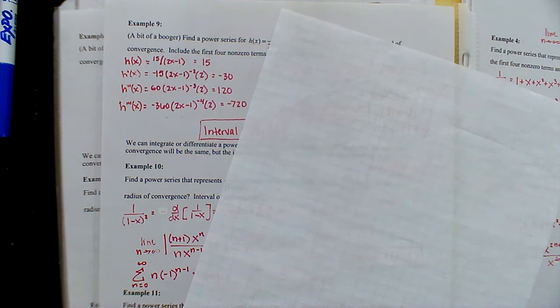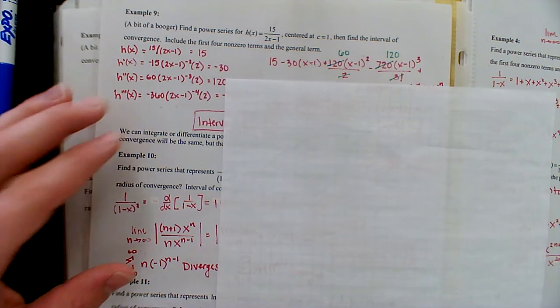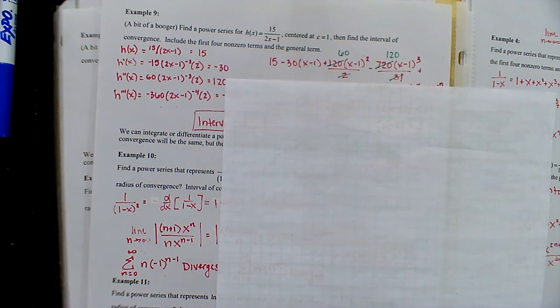Where's everybody else at on the problem right now? Just trying to find the general term. So you've listed out your terms, you're working on the general term though, same area? Okay. So is this what you had gotten for your terms at least when you started listing them out? Remembering your center's at 1, so you have to have x minus 1 with all those.